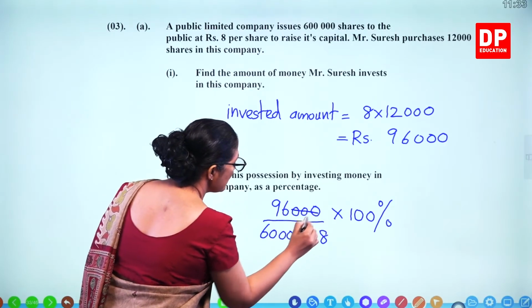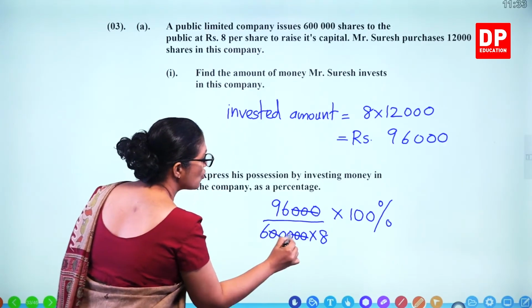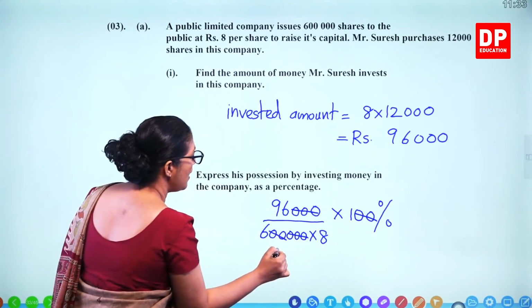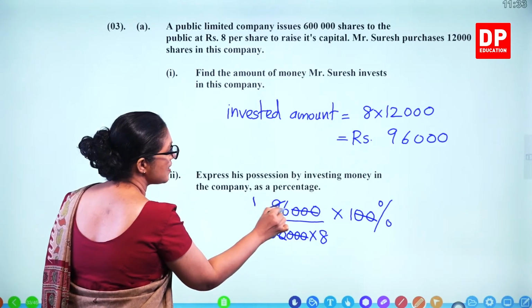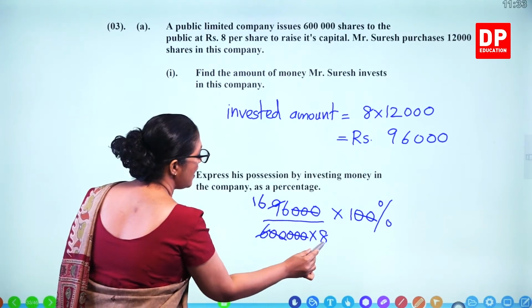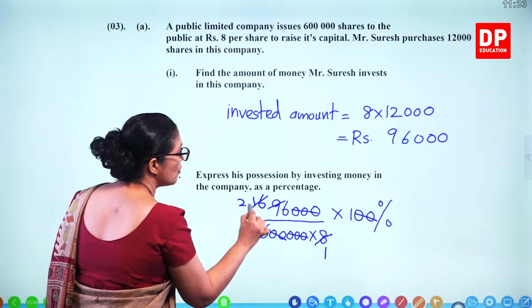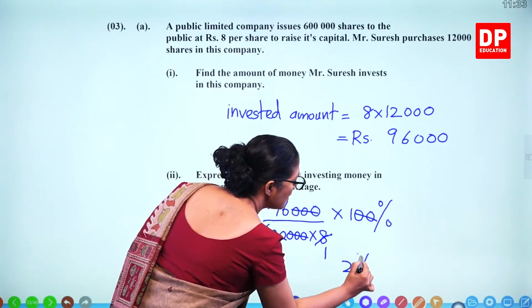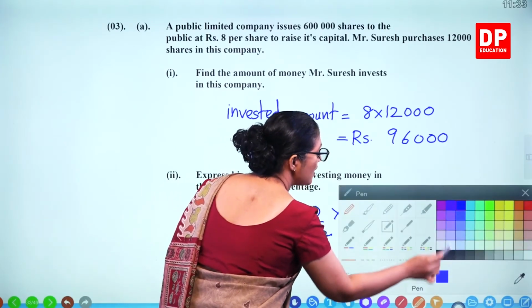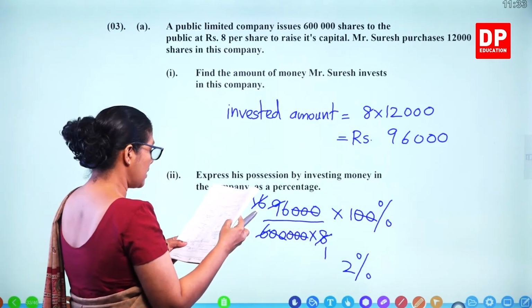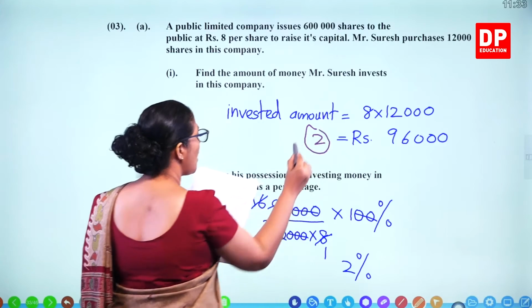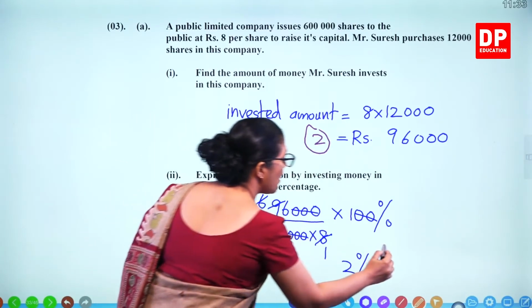So this 3 zeros get cancelled out. This 3, this 2 with this 2 and 6 times 1, 16. So 1, 6 and 36, that's 6. 8 times 2. So 2% is the answer. So let's give marks for these two. You can give 2 marks for this one and 2 marks for this part.